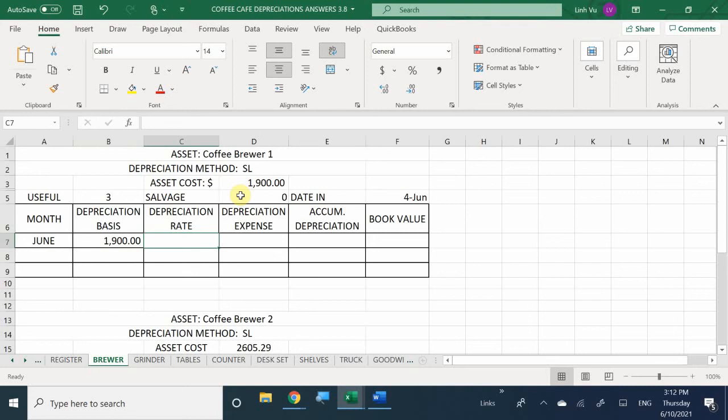Now, what is going to be my rate? $1,900 divided by the 3 years, which is 36 months? No. The estimated useful life is correct, but it's not 1,900 divided by 36 months, and not divided by 12 months.